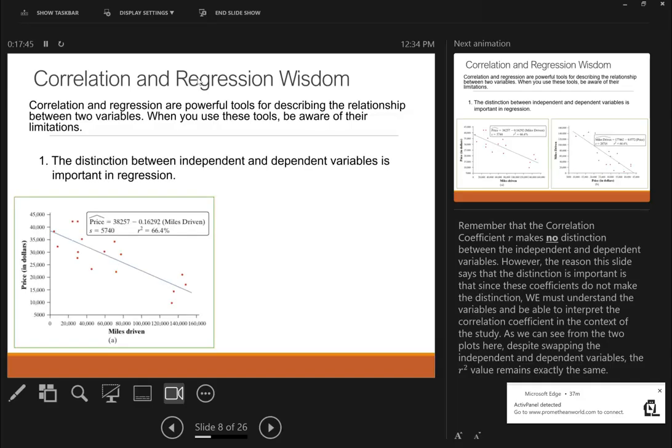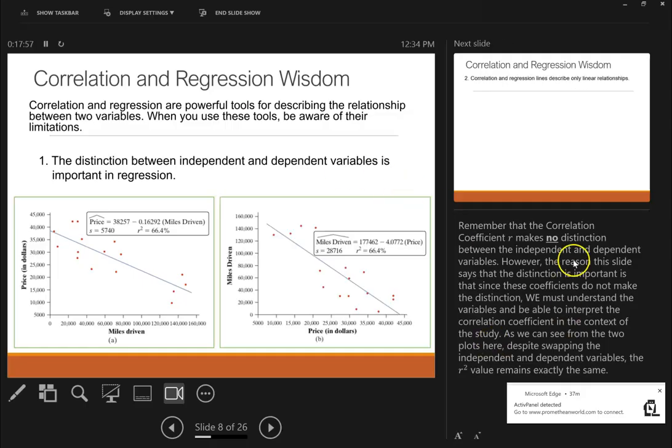Okay. So remember when I talked to you guys about R, it didn't matter which variable is your independent and dependent variable. Here's an example. This is the exact same data set. Looks like this is about the value of a used car relative to the miles on the odometer.